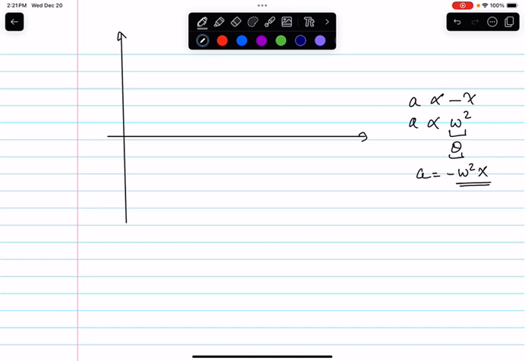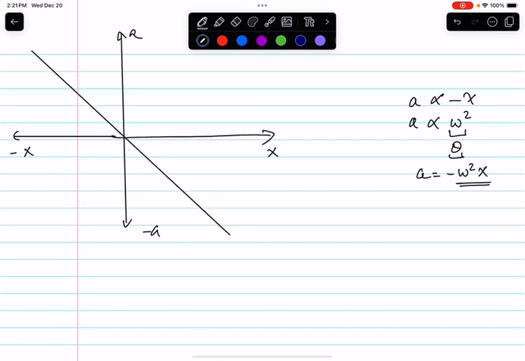Okay? Now, when you get this system, we ended up seeing last time that if this is your displacement in the x direction, this is negative x, this is a, and this is negative a, then you get this line over here.